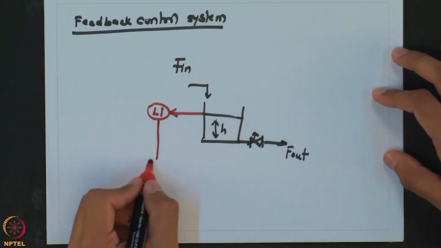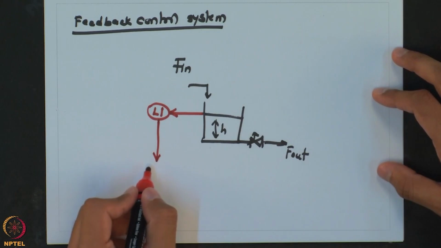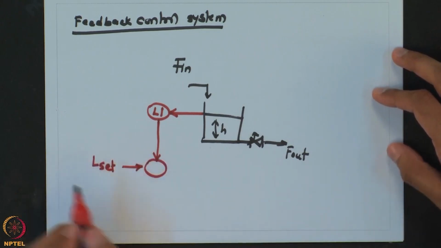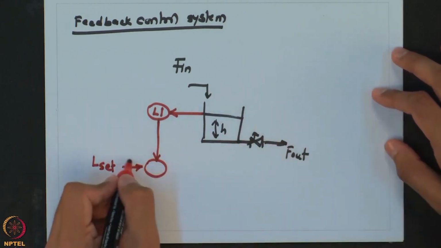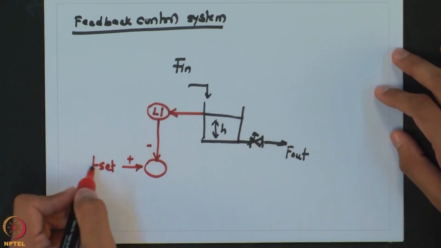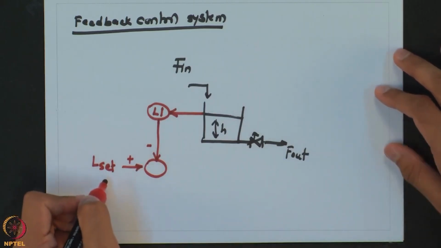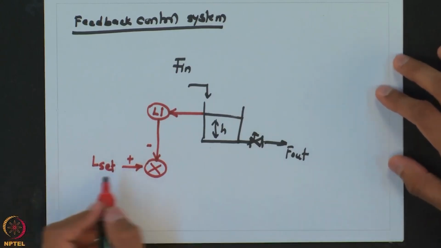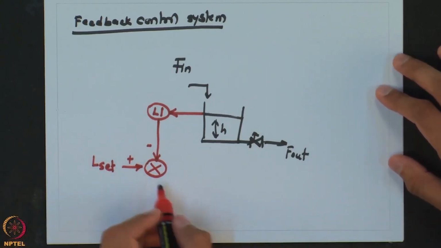The next thing is that the current value of the level gets compared with the desired value, which we will call L set, and then we take the error of that signal, because we are interested in the difference between the desired value and the current value. That difference is then fed to the controller.